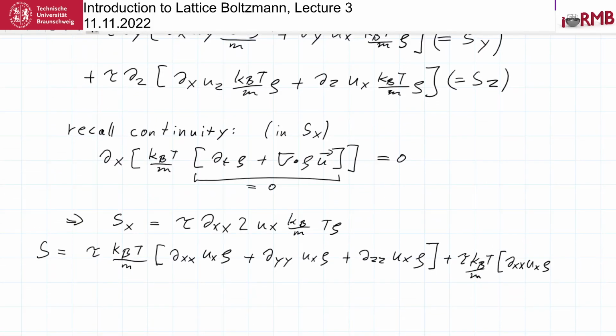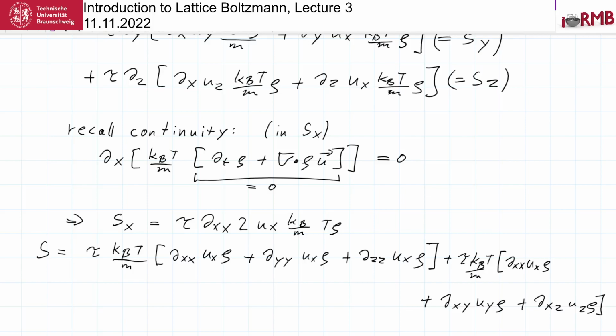from what we wrote. So we get dxy uy rho plus dxz uz rho. Okay, you probably noticed that, especially here, I exchanged the order of the derivatives, which is here no problem to do.